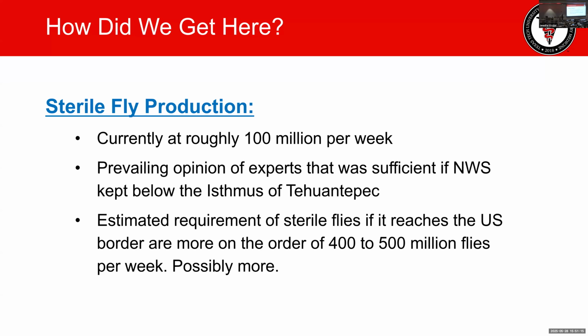A little bit about the sterile fly production. The plant at Copeg has been set up to basically produce 100 million flies a week. And they've made as many as 117 million flies a week. It's a fairly sensitive system, though.